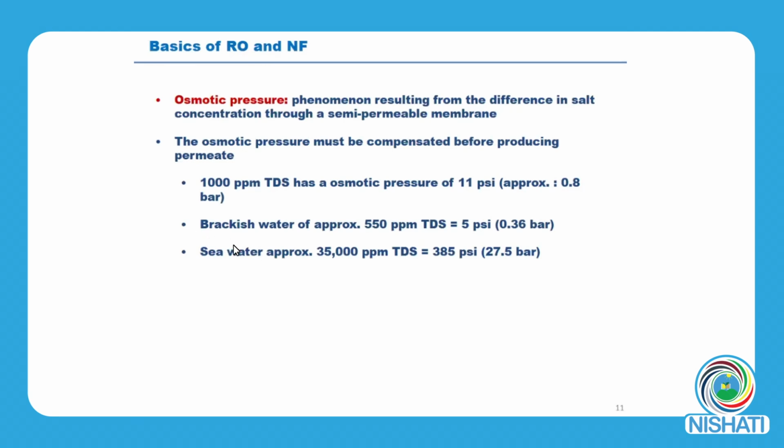So 1,000 milligrams per liter is about 0.8 bars. Our tap water in Cadiz is about 500 ppm.